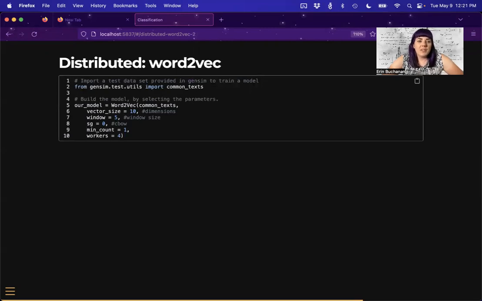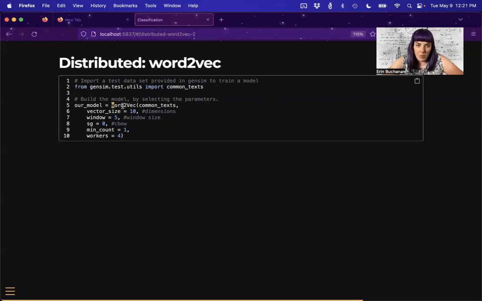So I'm going to import this common text. It's actually not a very good data set for this, but to show you how this can work with very small datasets, we're going to import common text. If you look at it, it's literally just a list of key phrases that are common in data science. And we're going to build our model.